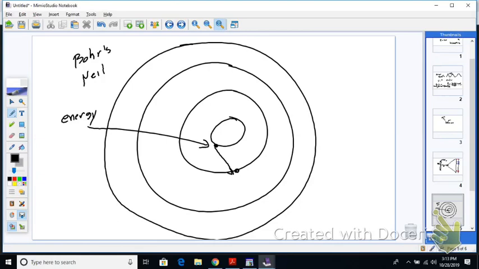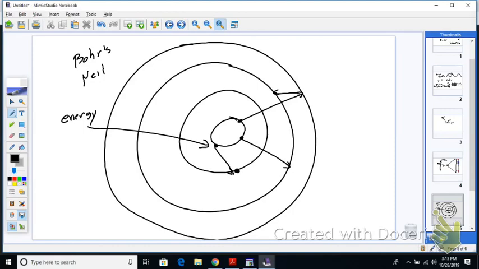So this would be one excited state it could be. It could also, that same electron, could move up to a second or third energy excited state. That electron could move to a fourth energy state. It could drop back down to a third.